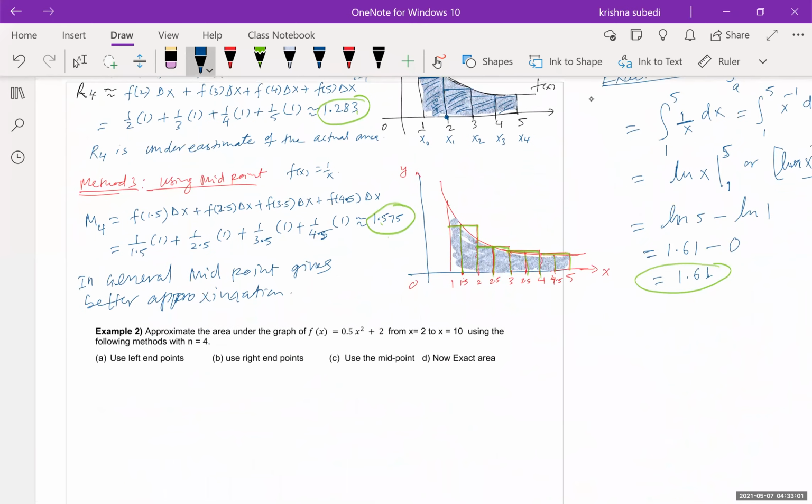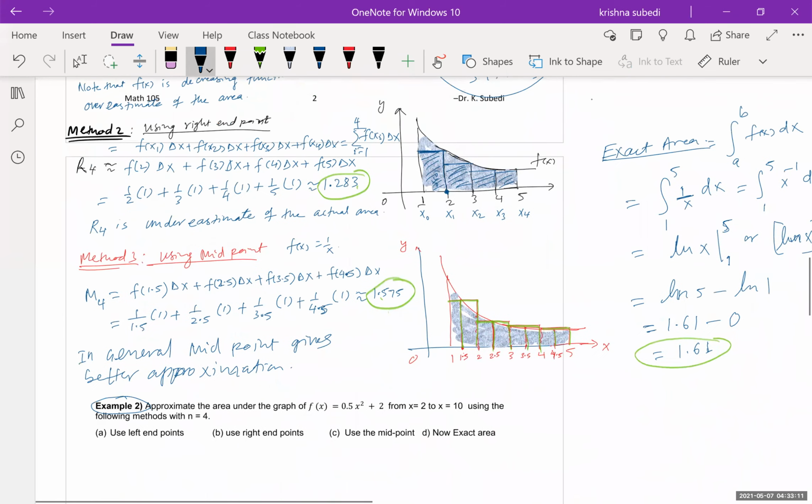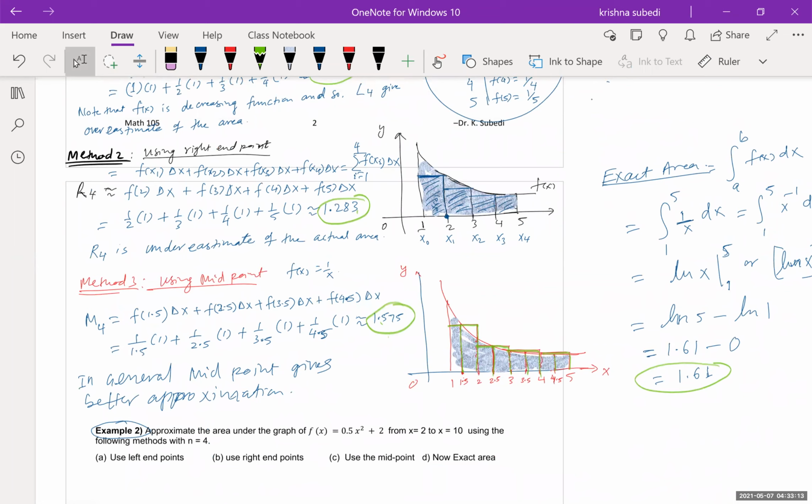Example 2 is very similar to this one, and I trust that you can do it by yourself. I leave it to you. But before we move further, I want to ask you one question. Instead of dividing into 4 rectangles here, if I divide this into 10 rectangles, what do you think? Will the area be a better approximation or a bad approximation in that case?